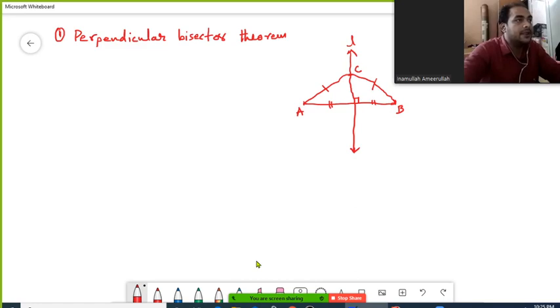If you take any other point on this line L, like D, this is point D, then this AD is equal with BD. If you take any point on this line below the line, even this point will be equal.